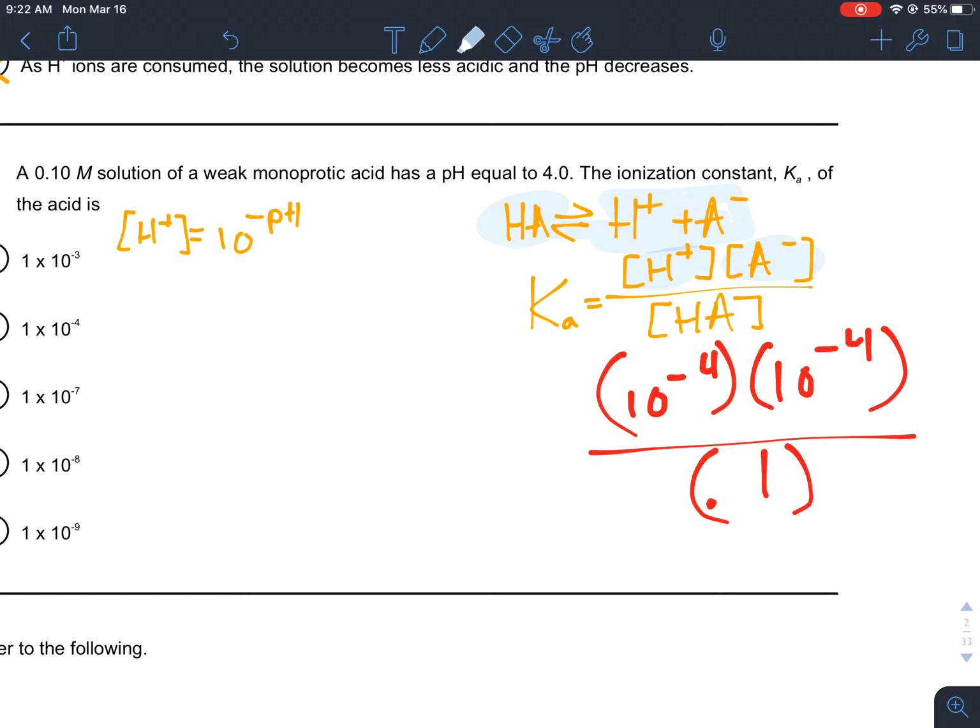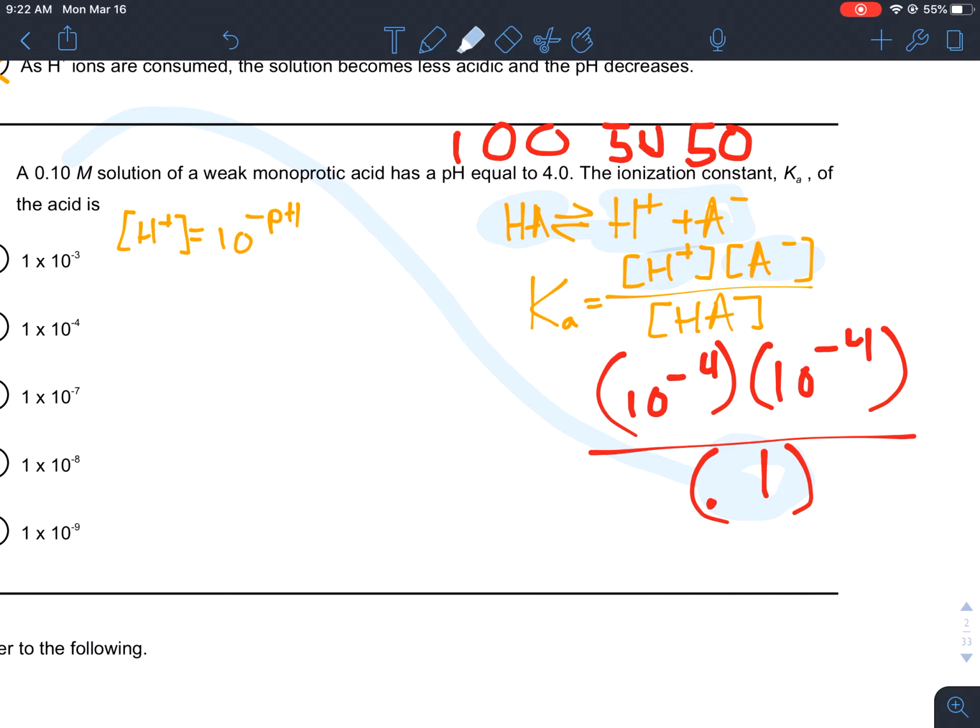So if you had 100 of these, and then 50 of these were created, well then 50 of these were created as well, because they're dissociating from the same place. So if you had 10 to the negative 4 of the H plus, then you have 10 to the negative 4 of the A minus. And the HA, I'm getting that number right here.